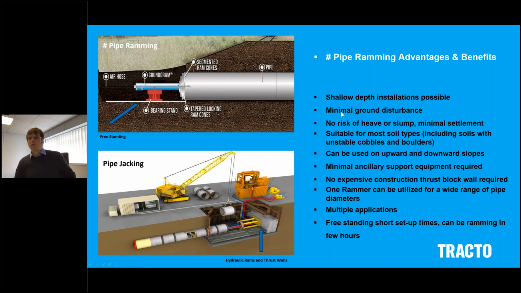There is minimal ground disturbance. There is virtually no risk of heave or slump. There's minimal settlement. It is suitable for most soil conditions, including soils with unstable cobbles and boulders. Again, no solid rock.